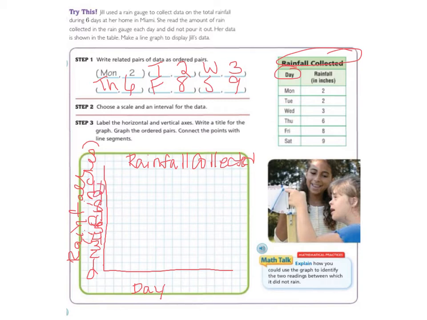So we're going to have each line equal an inch of rain, which makes sense for the size of our graph paper and our numbers. And I hope yours is much neater than mine.